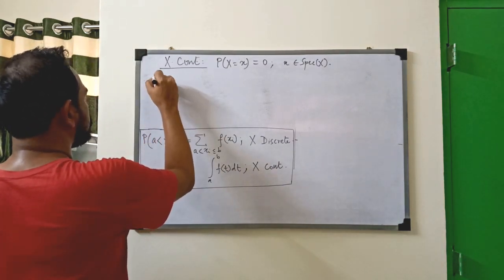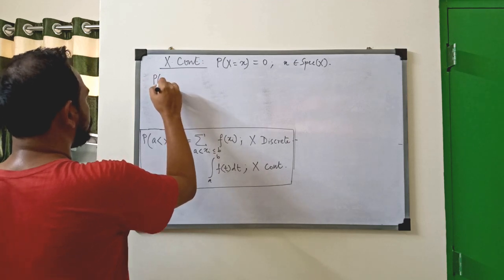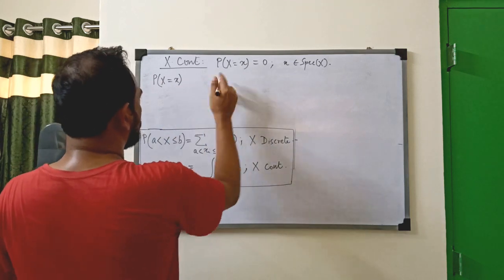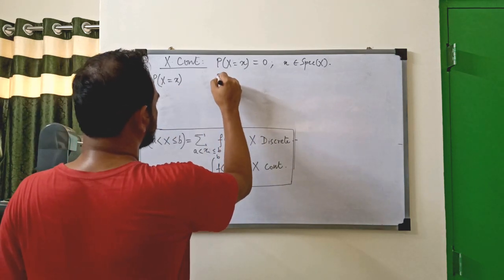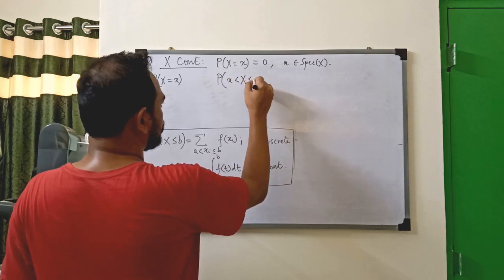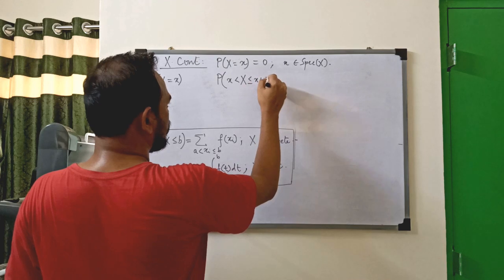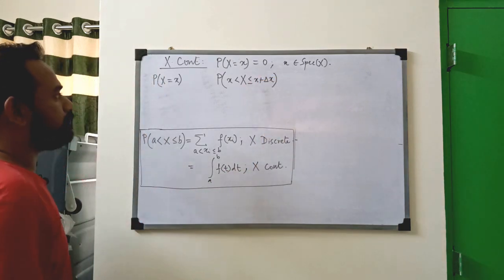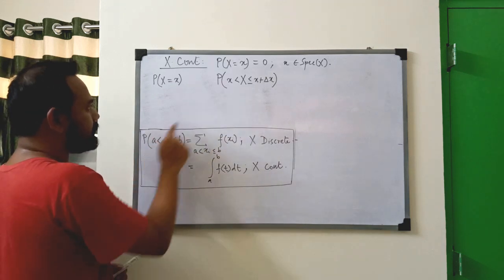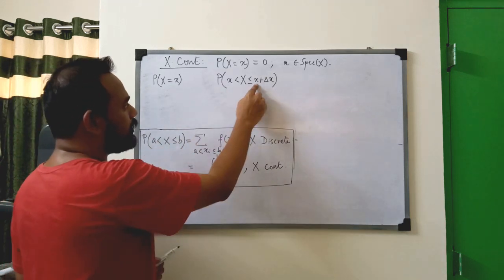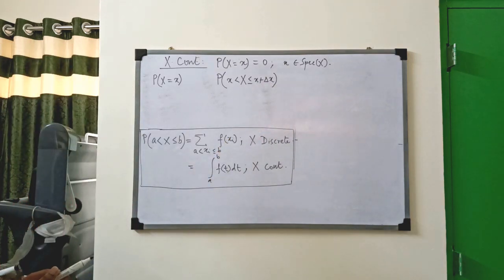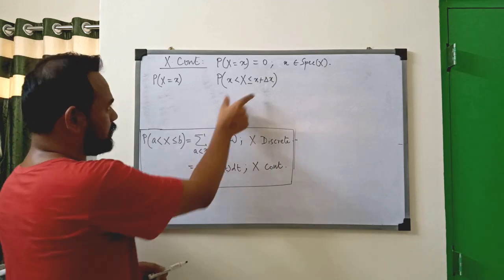I'm just going to look at X, which lies in a very small interval from x. So I'm basically taking A to be x and B to be x with a small increment delta x. Okay, so I'm looking for this probability here.